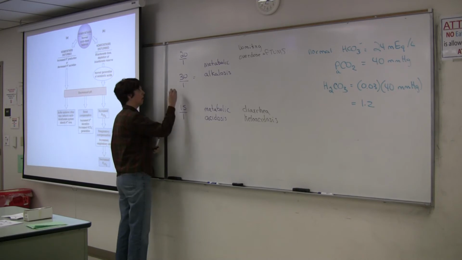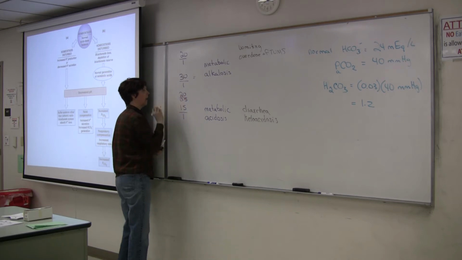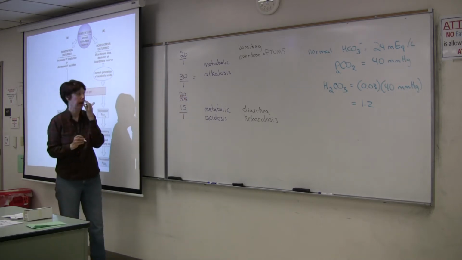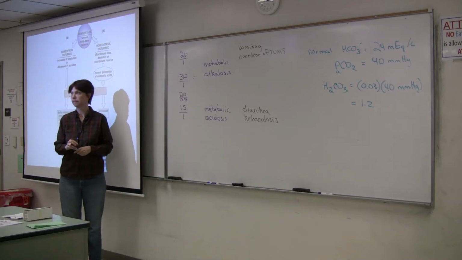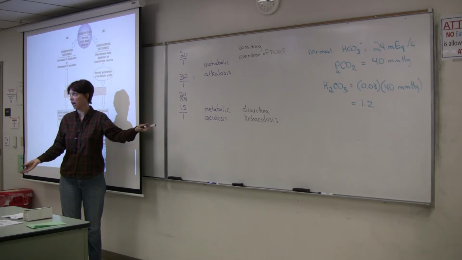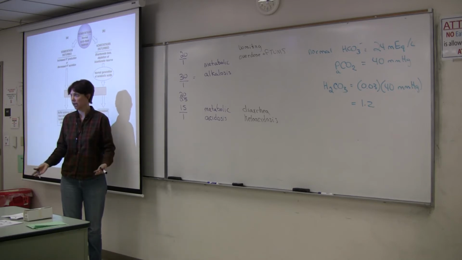We'll make this normal, 20, and we'll make this 0.5. So what have we done? We've breathed off. We don't have enough carbonic acid. So we're breathing off carbon dioxide.